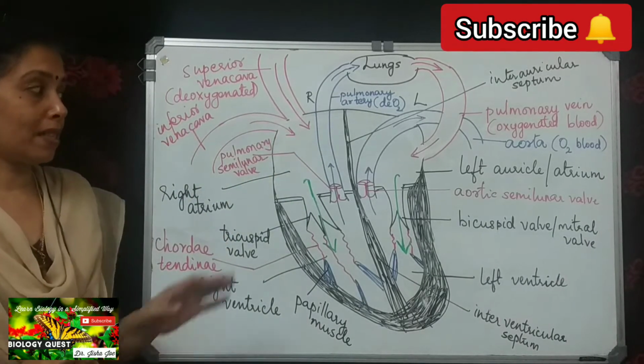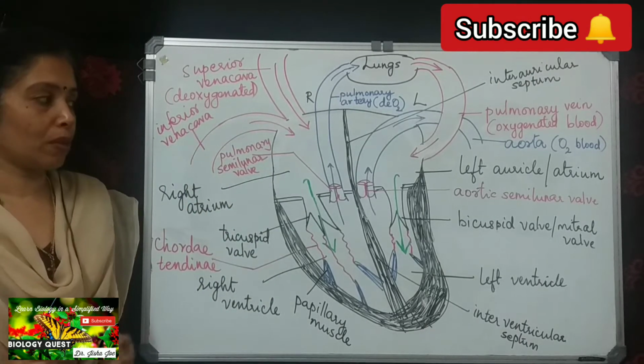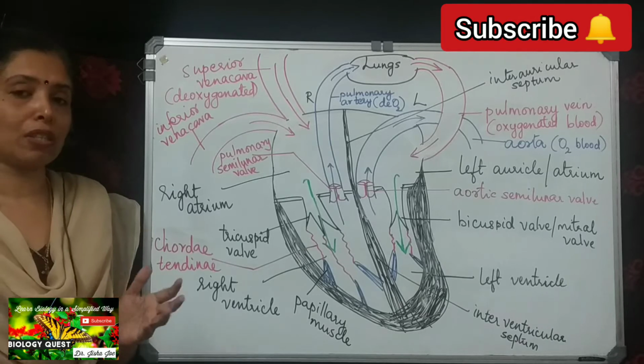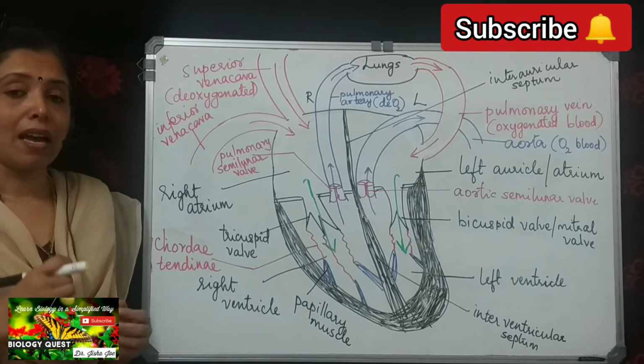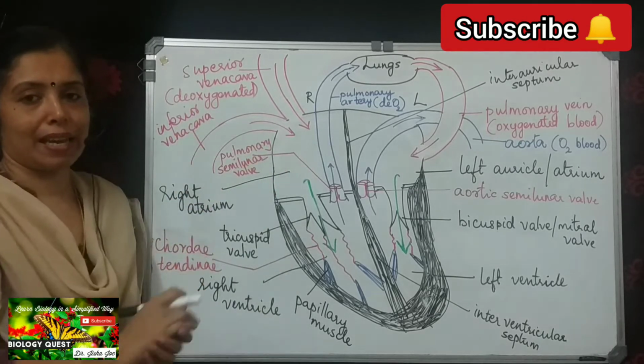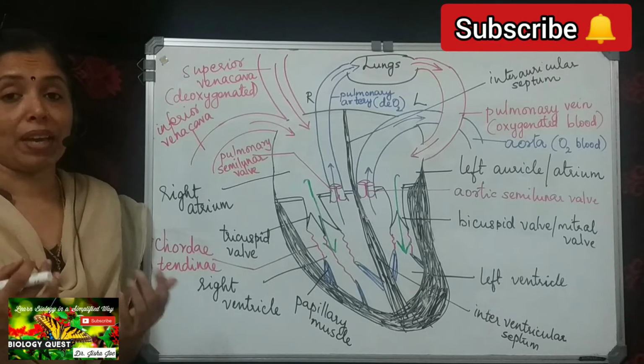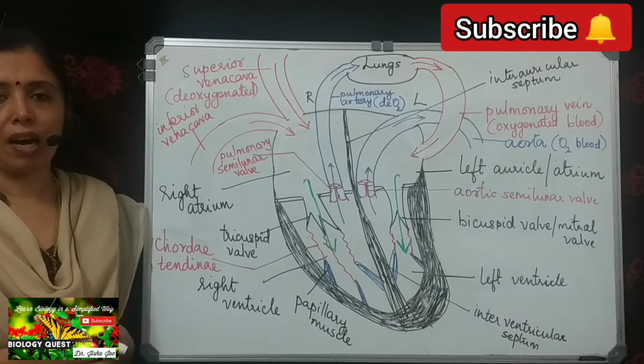So from the muscle cells the deoxygenated blood is taken, and the cardiac vein opens into the right atrium, draining the deoxygenated blood taken away from the muscles of the heart.